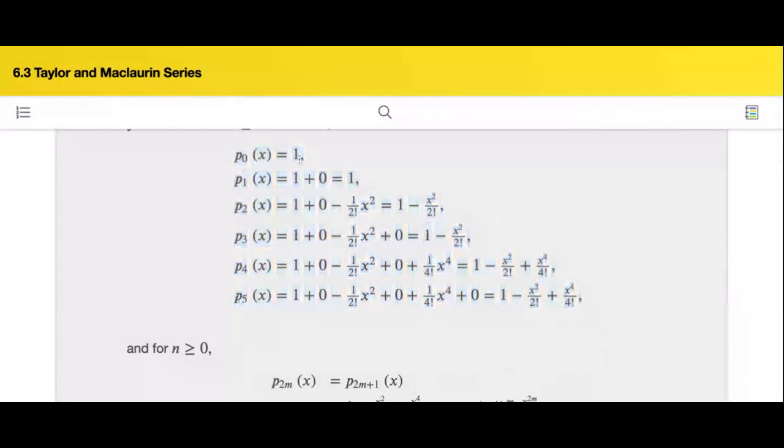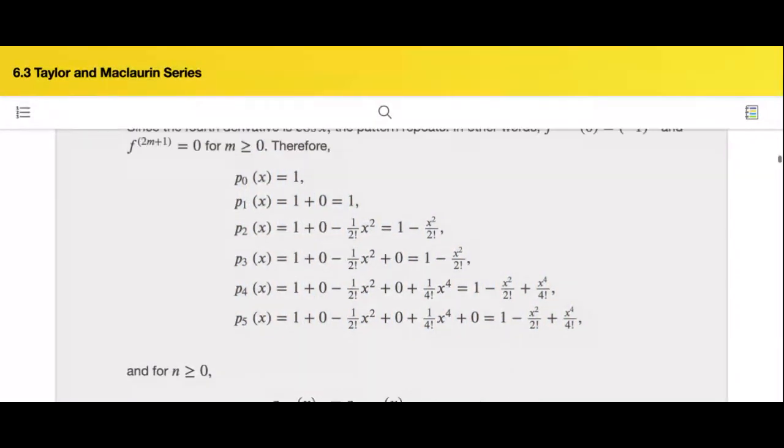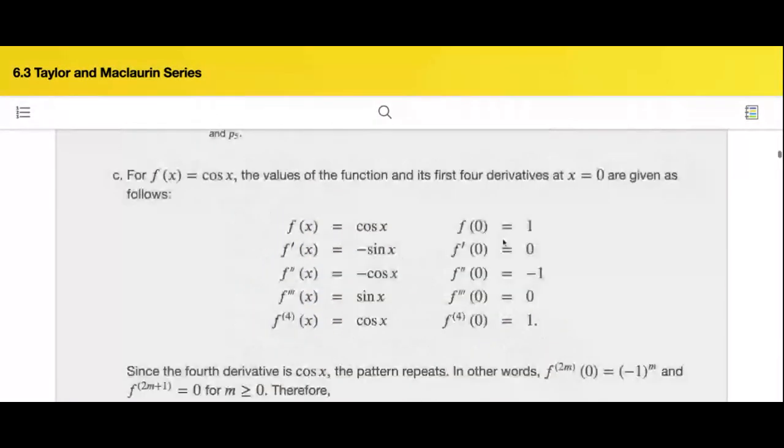Function value is this, first order is this, second order, third order is the same as second order, fourth order and fifth order the same, because of the zeros, right? Because this is periodic. We can imagine the fifth order evaluated at 0 will be 0. Sixth order evaluated at 0 will be negative 1, and so on and so forth.